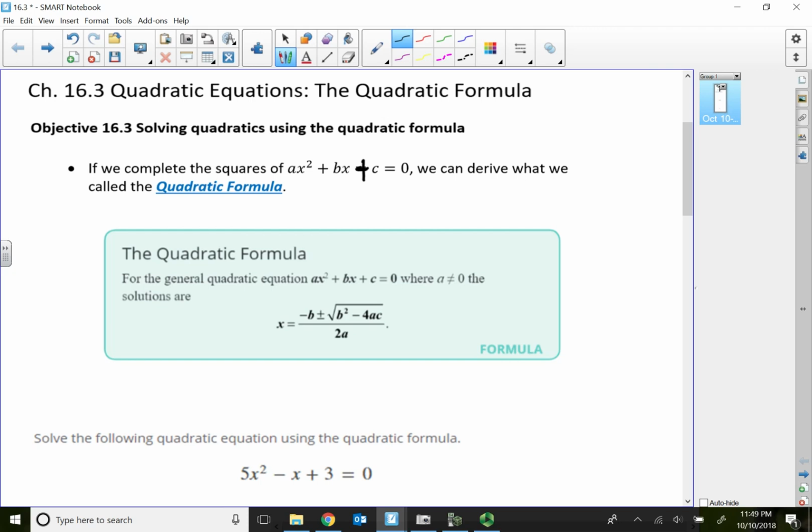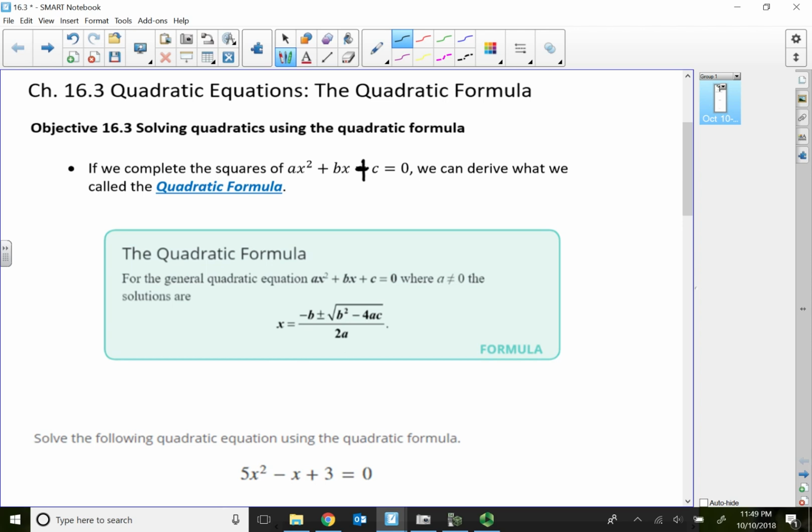The quadratic formula says x is equal to negative b plus or minus the square root of b squared minus 4ac, and then the whole thing over 2 times a. This 2a is what I mentioned last time.